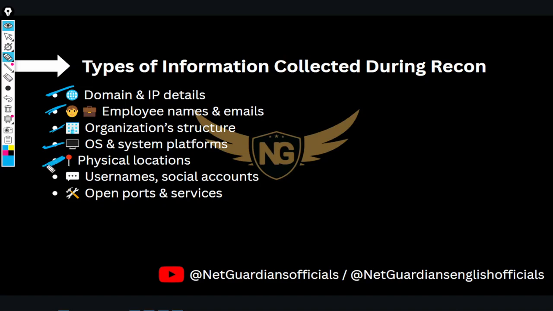We can get the physical location of a company if you don't know it, the usernames and social accounts of the company, and the open ports and services by which we can enter the company's system. So we get this much information.